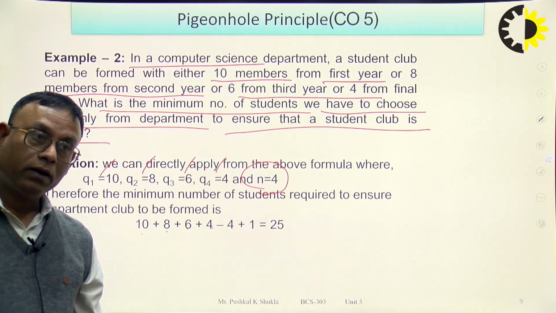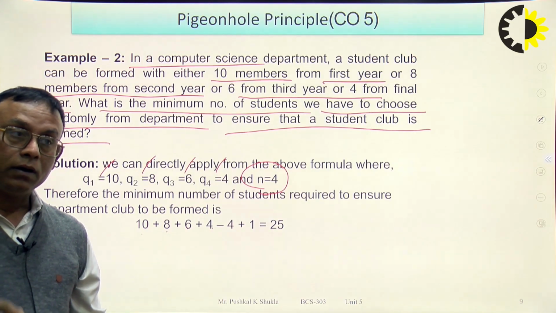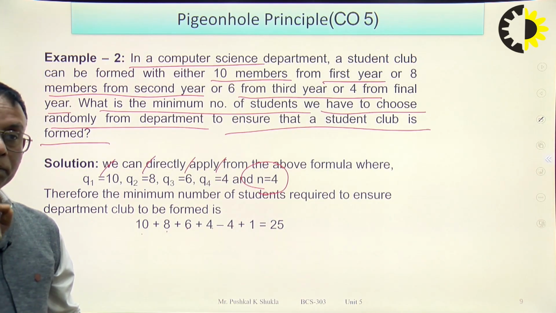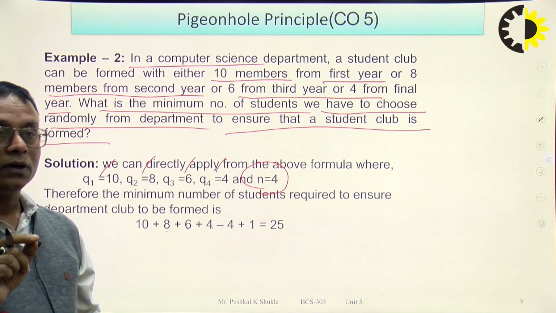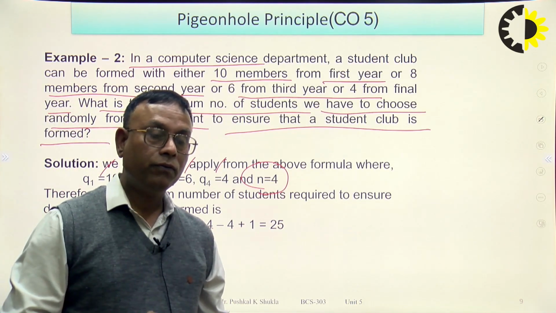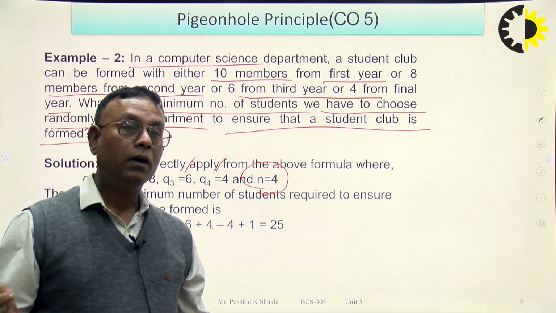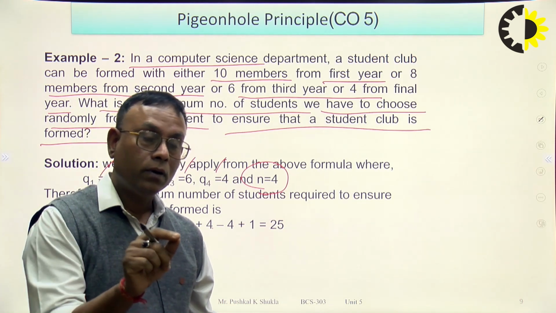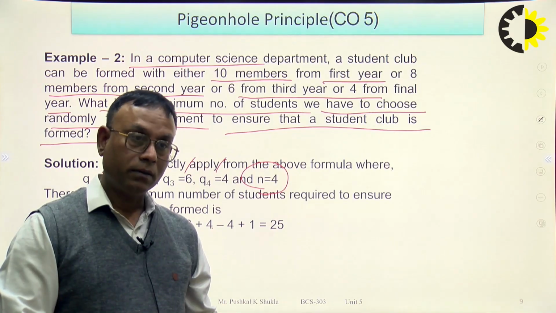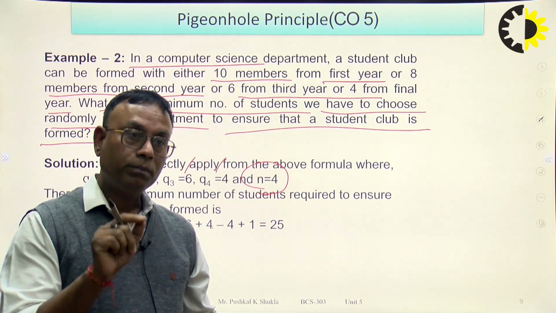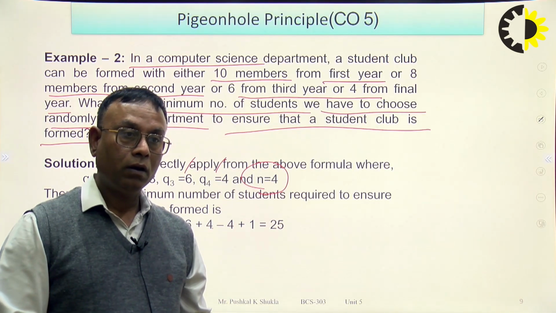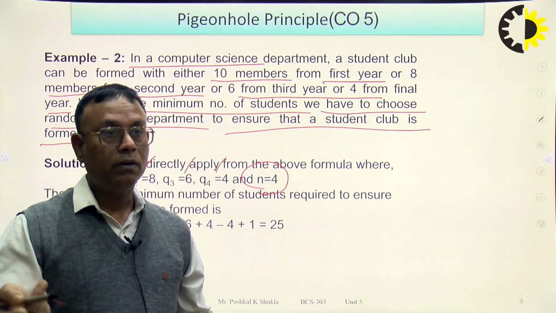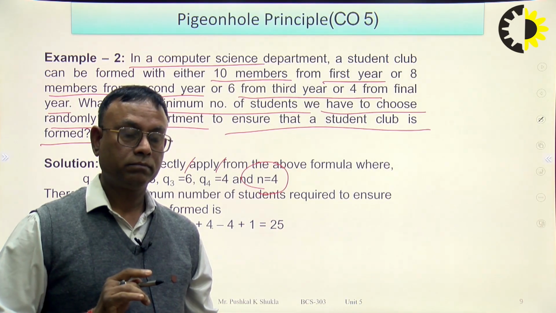Again, we are going to summarize. The simple pigeonhole principle states that if there are n pigeonholes and n plus 1 or more pigeons, then there must be at least one pigeonhole which has more than 1 pigeon.